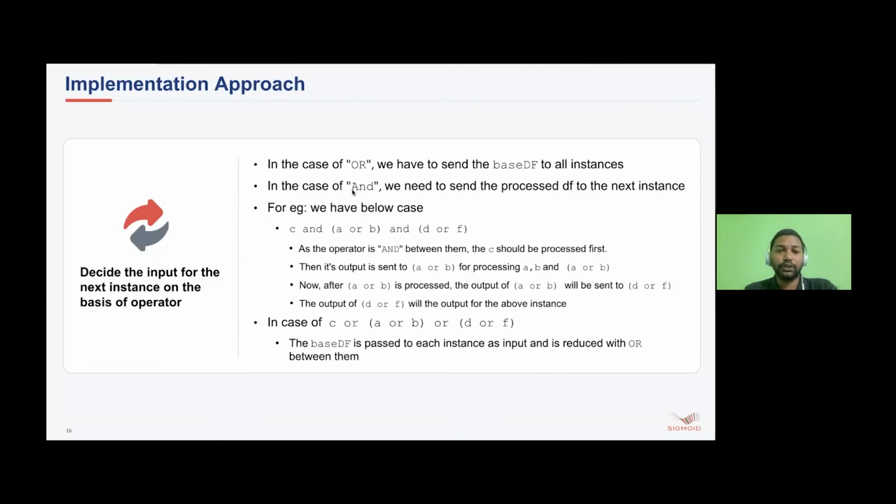And if the operator is AND, we can apply the optimization that we discussed, like calculating it and sending the output as an input to the next node. If the query was something like this, where there was no AND, so we could see only OR is there and the root is also OR, we have to pass our base DF, say the car DF, to all the nodes where the filter will be applied, and then a union will be done.